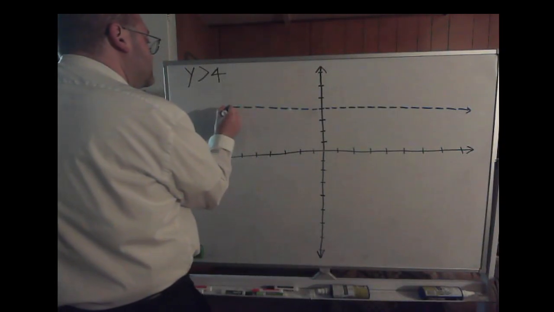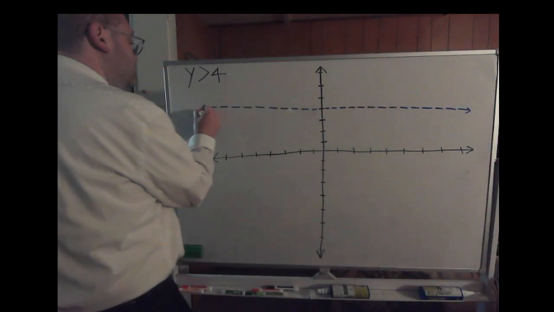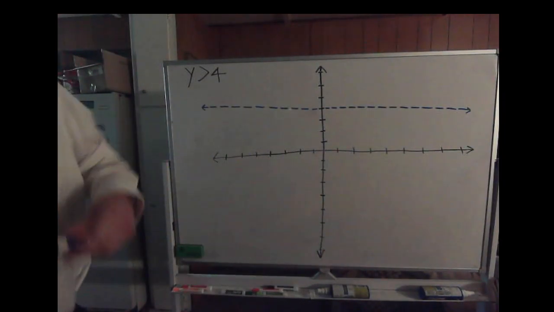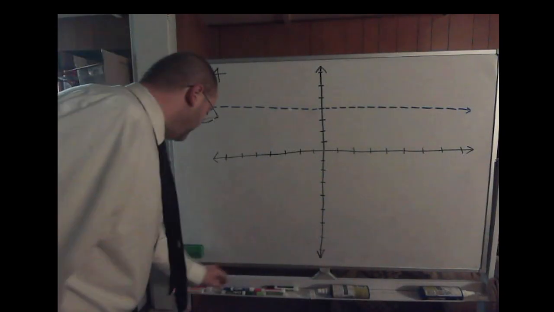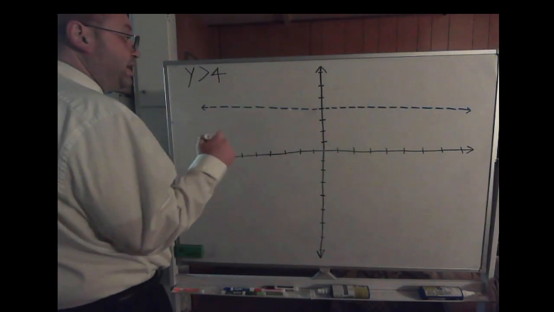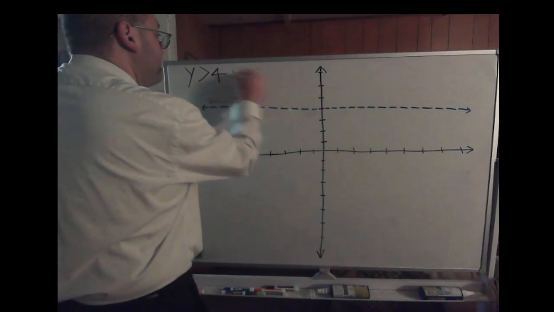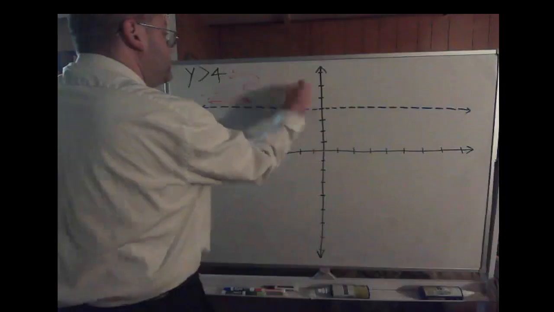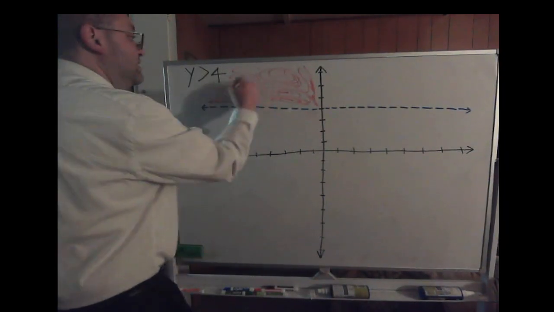It should still look somewhat like a horizontal line at y equals 4, but the line is dotted because you don't want to include that in your solution set. But like you would with greater than or equal to, since it's greater than 4, you're just going to shade the entire region above that y equals 4 dotted line.